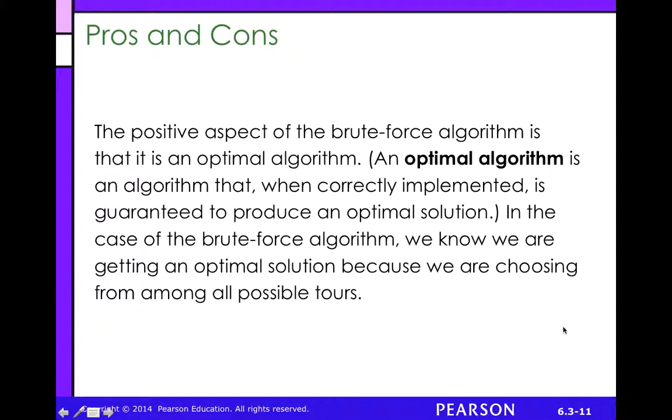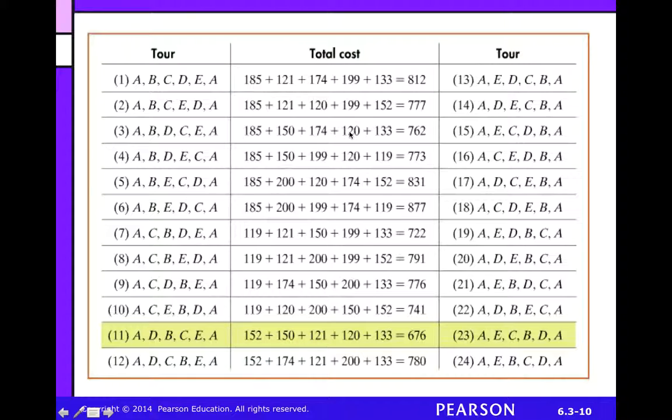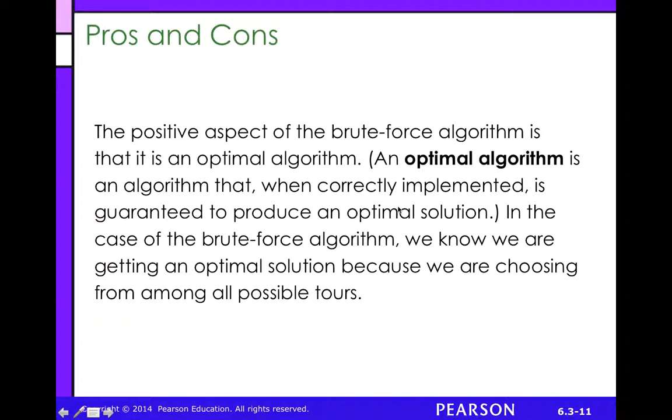So pros and cons of this algorithm. The positive aspect of this algorithm is that it is optimal. And what optimal means is that if you implement the algorithm correctly, so in other words, you don't make a mistake in these additions or things like that, but as long as you use the algorithm correctly, you are guaranteed to get the best possible answer.